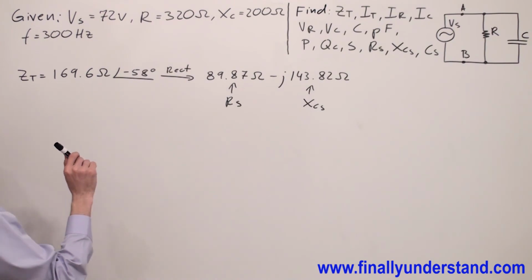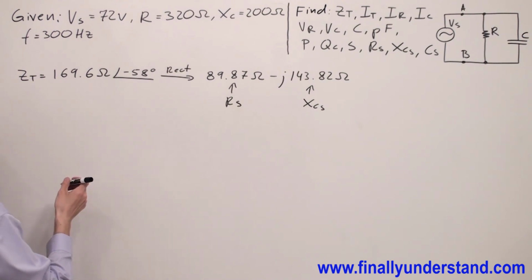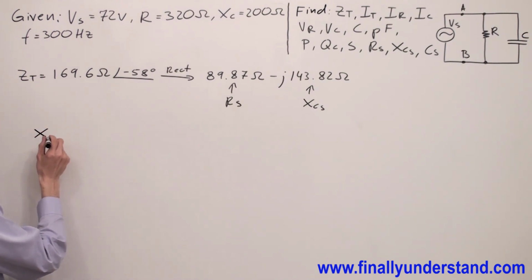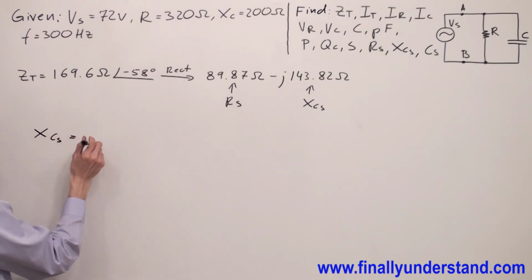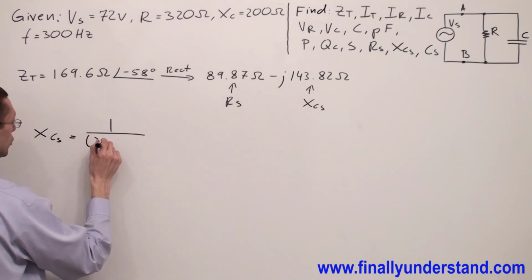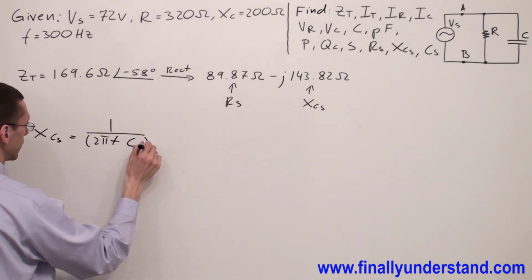Next, we're supposed to find the capacitance of my series circuit. So I have again the formula for capacitive reactance: X_CS is equal to 1 over 2 pi F C_S.